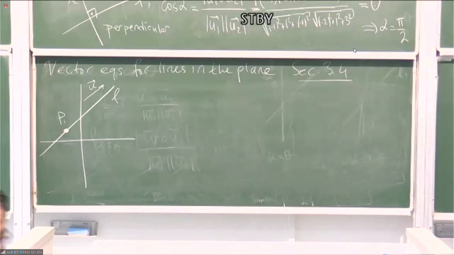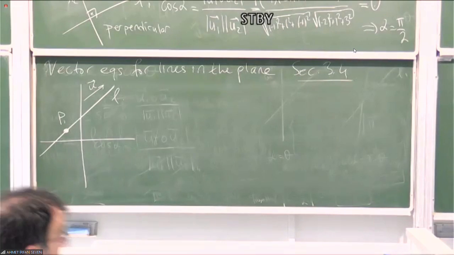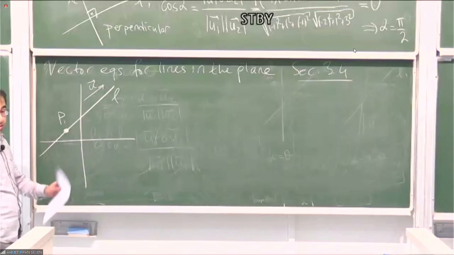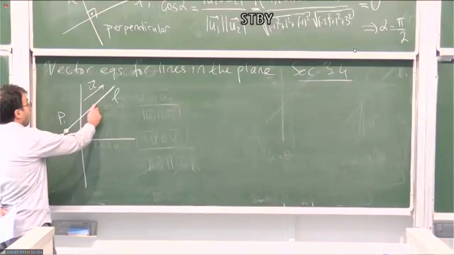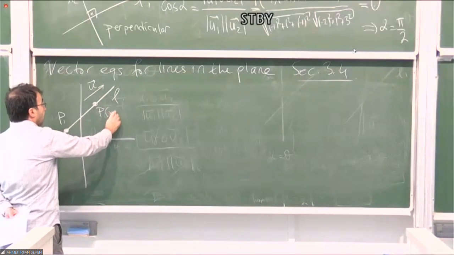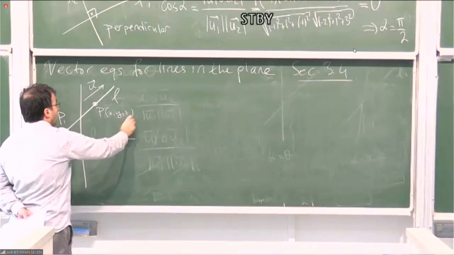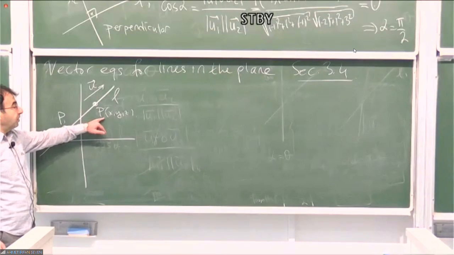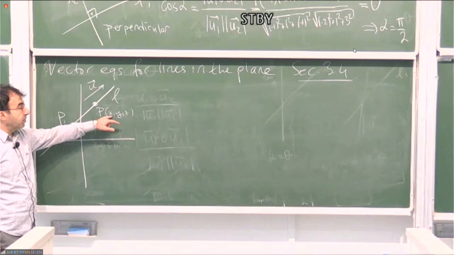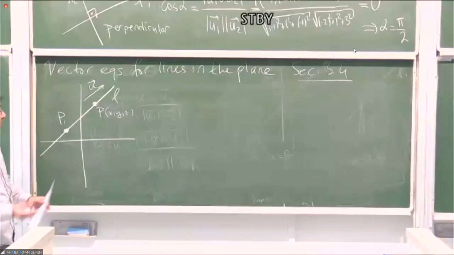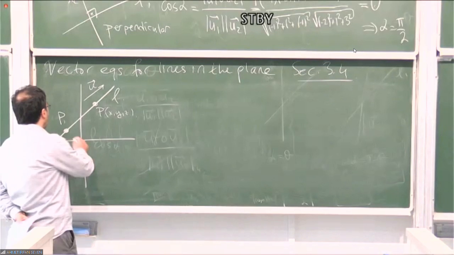All right. And let's write a vector equation for this one. You remember how we write vector equations. A vector equation is something which tells us when a typical point P with typical coordinates x, y, z is on L. And if you remember, we did this as follows.